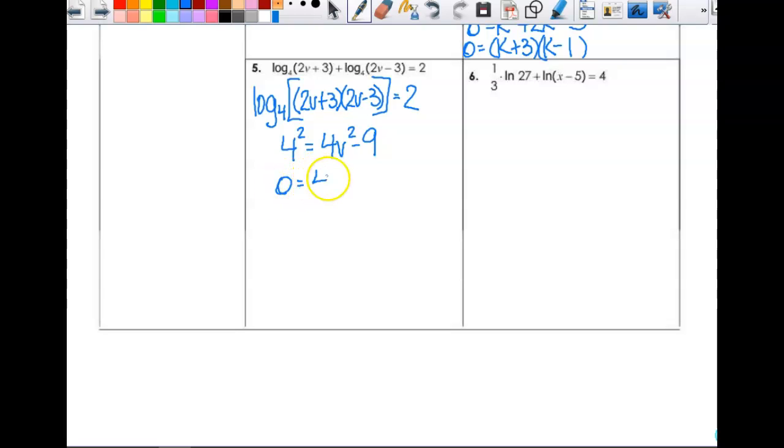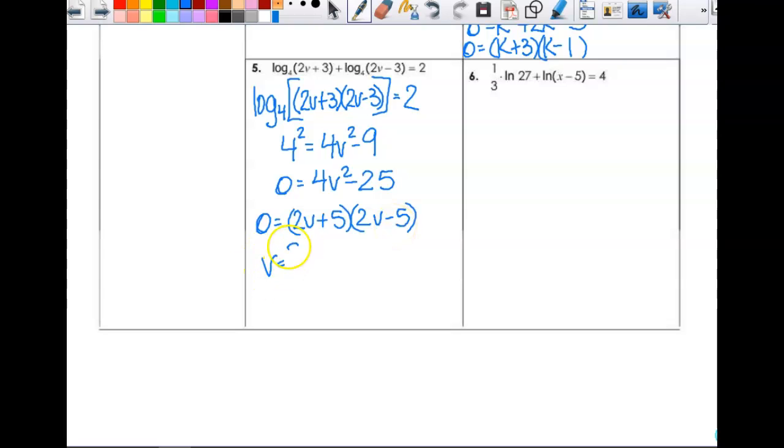So this will be 0 equals 4v squared, and then negative 9 minus 16 is going to be negative 25. Can I factor that pretty easily? Yes, because it's another difference of squares. So this will give me 2v plus 5, 2v minus 5.